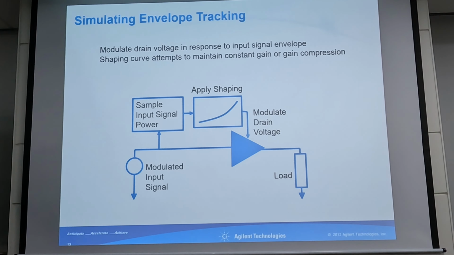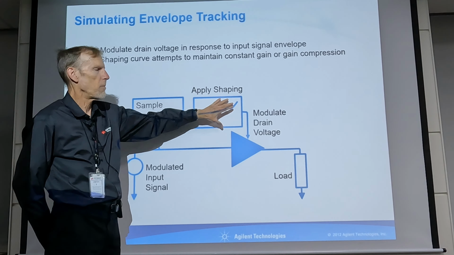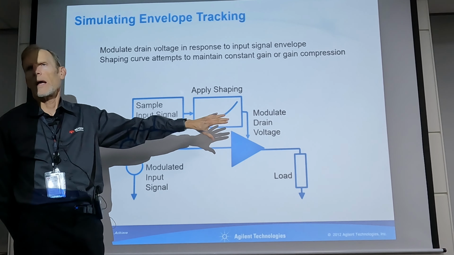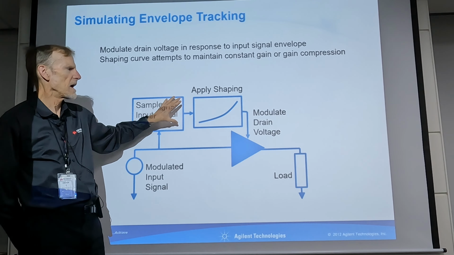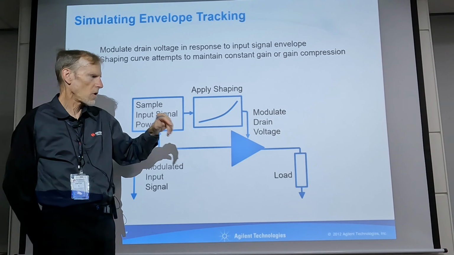Then, if you want to, you can run simulations under ideal conditions where, basically, this is a bias modulator, and you can have this be completely ideal and see what the results are.